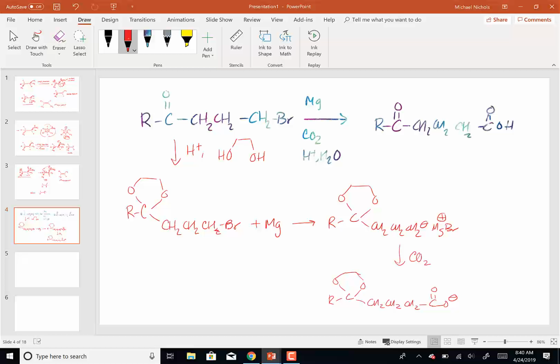Because now, after doing a Grignard, what do I normally do? I add acid and water, the H plus H2O step. So when I do my H plus H2O step, not only is it going to protonate the carboxylic acid, but it's now going to react with the ketal here and convert it all the way back to the ketone.